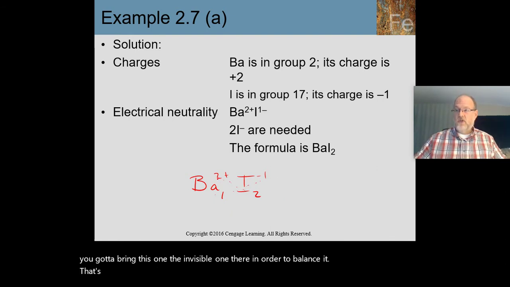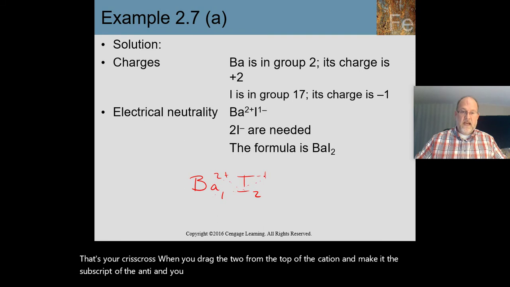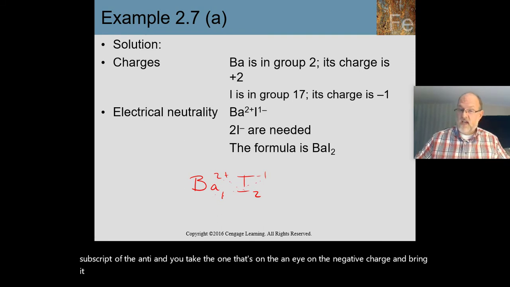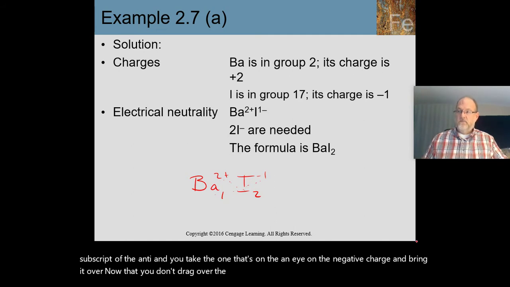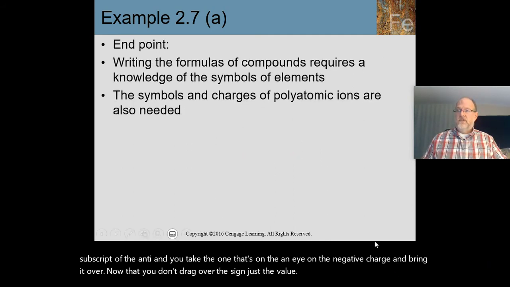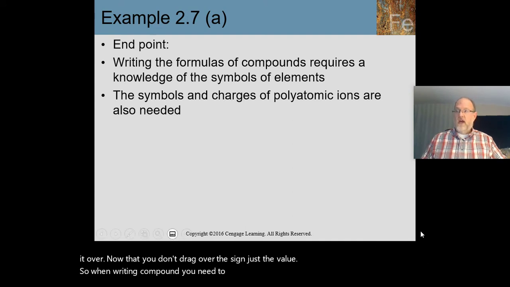You drag the 2 from the top of the cation and make it the subscript of the anion, and you take the 1 from the negative charge on the anion and bring it over. You don't drag over the sign, just the value. So when writing compounds, you need to know what the charges are, you need to know the symbols, and you need to be able to do the crisscross.